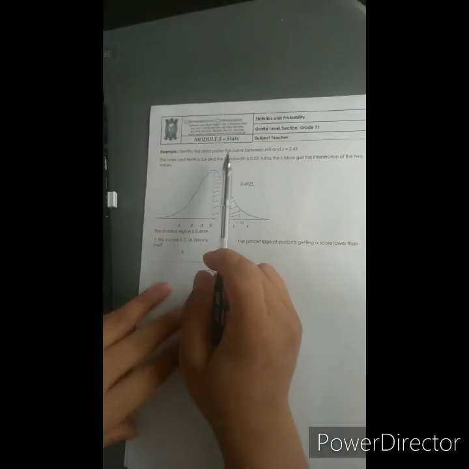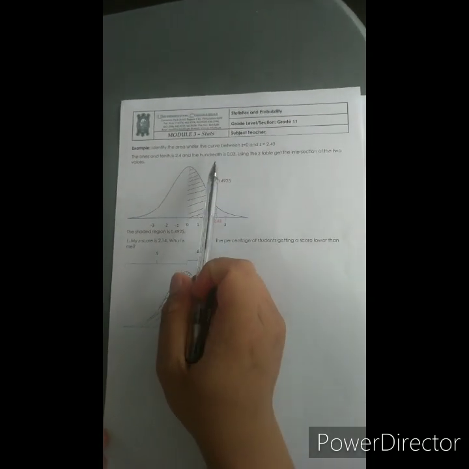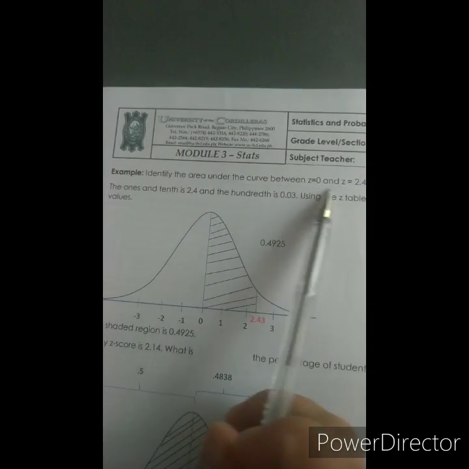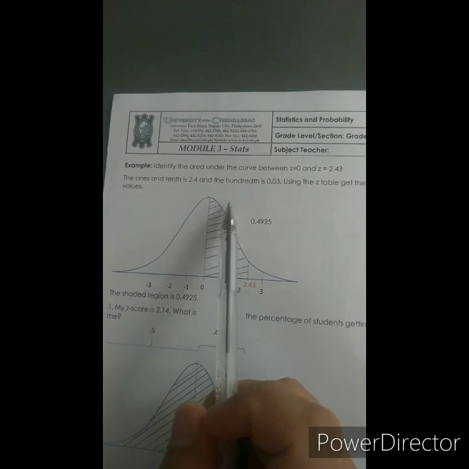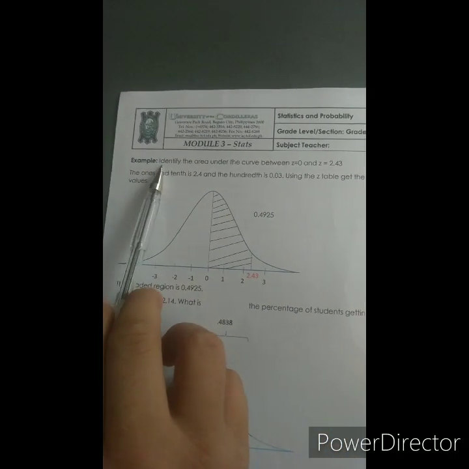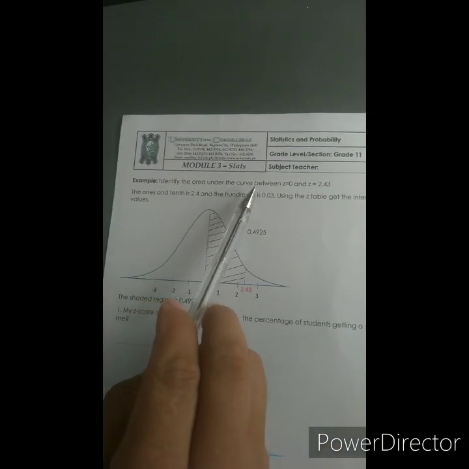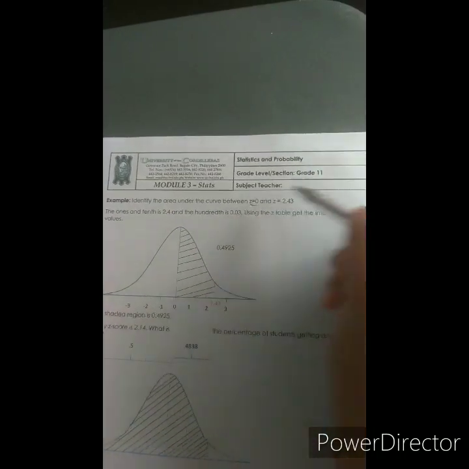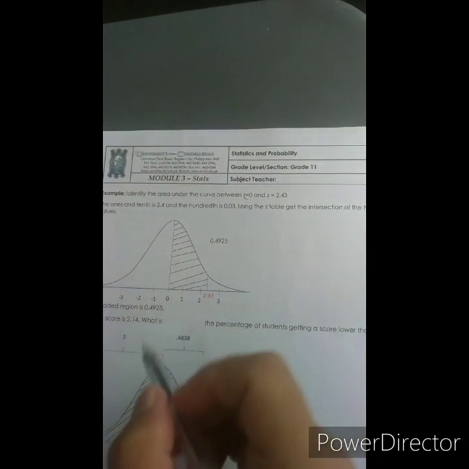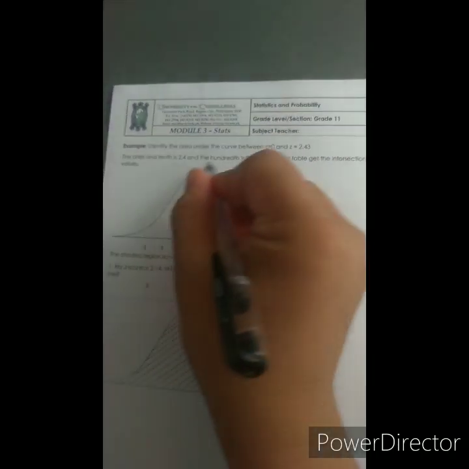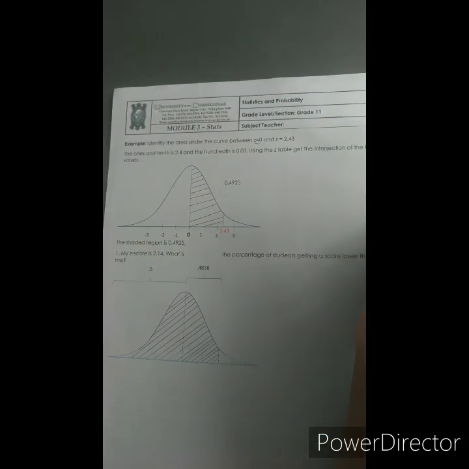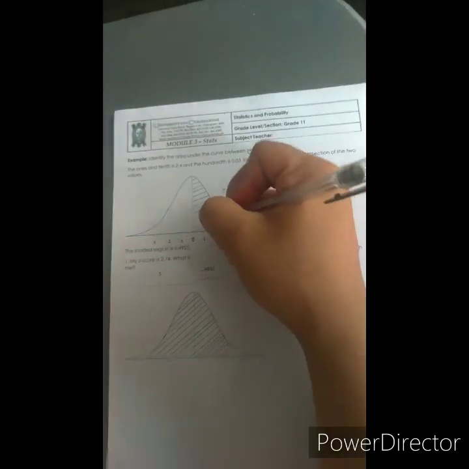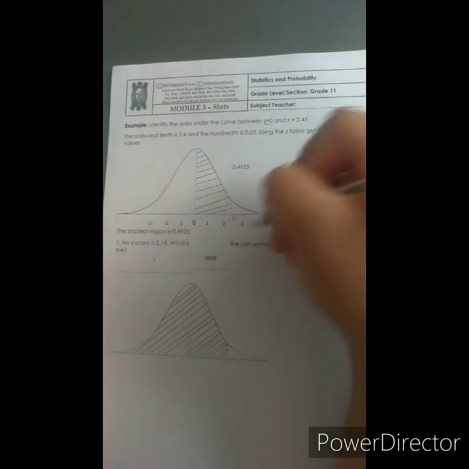Okay, so now, paano naman pag i-identify natin yung area under the normal curve? So, let's say, for example, it says here: identify the area under the curve between 0 and 2.43. So, if this is the normal curve, we have already our normal curve here. 0 is the mean, okay? And the standard deviation is 1, 2, 3, right?